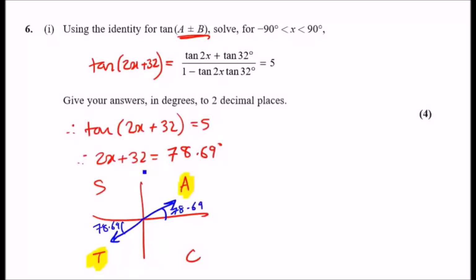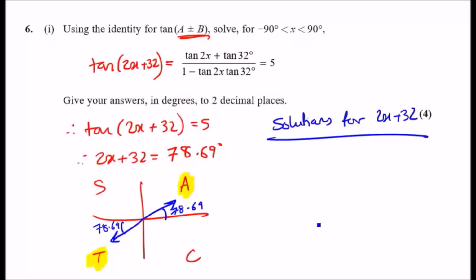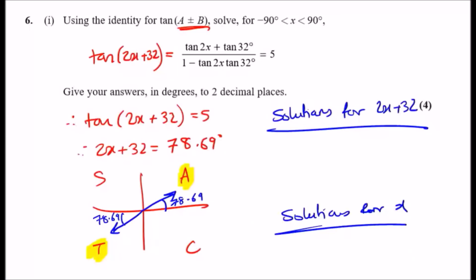The key idea here is to obtain as many solutions as possible for 2x plus 32. We're going to have a bunch of them, and once we do that, we're going to write down all the solutions for simply x. So that's the objective here. Let's have a go.